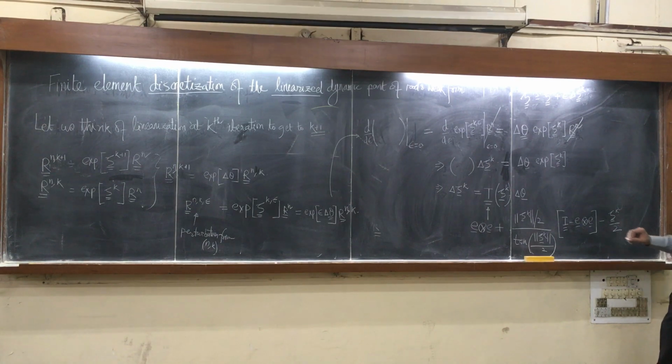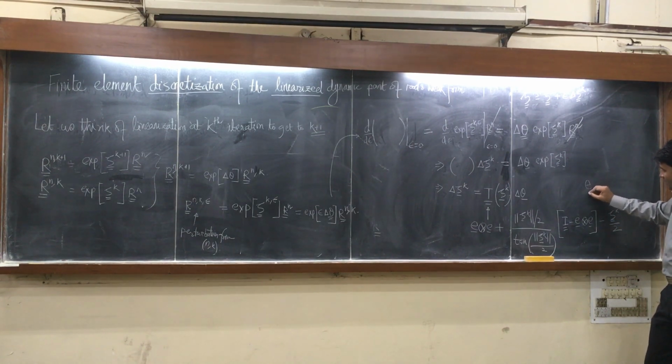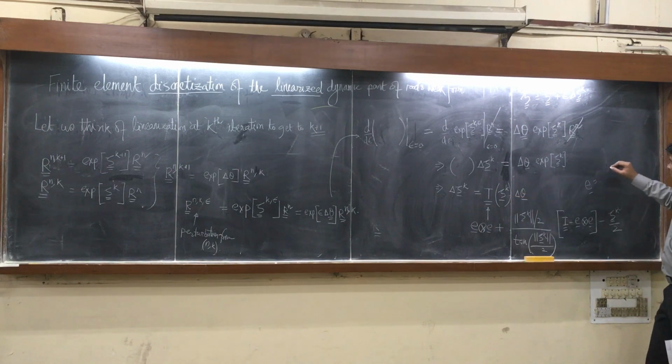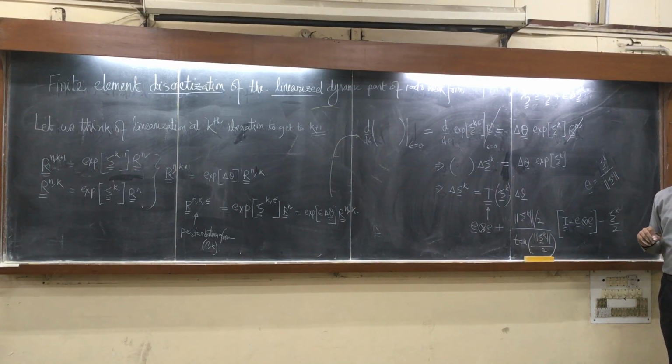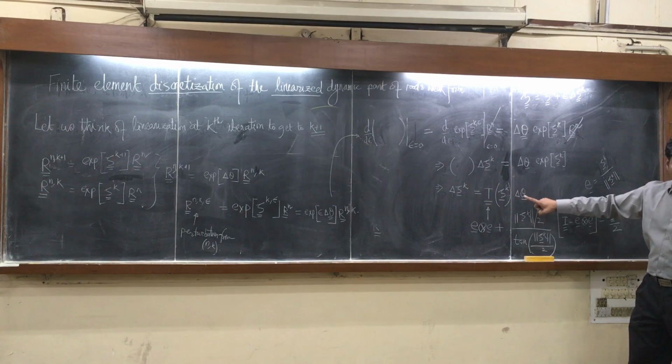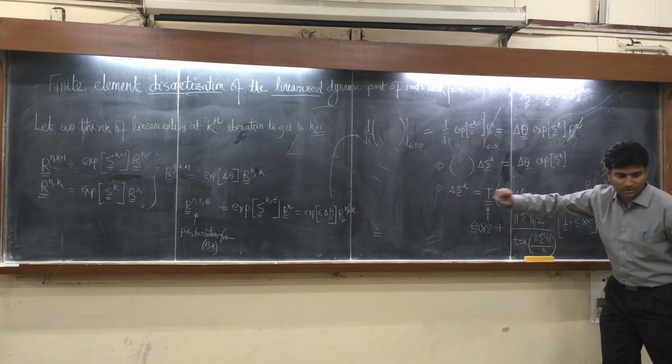Okay? And this E is then the unit vector of zeta k, zeta k divided by magnitude of zeta. Okay, so that's how you relate your delta theta to the increment delta zeta k.